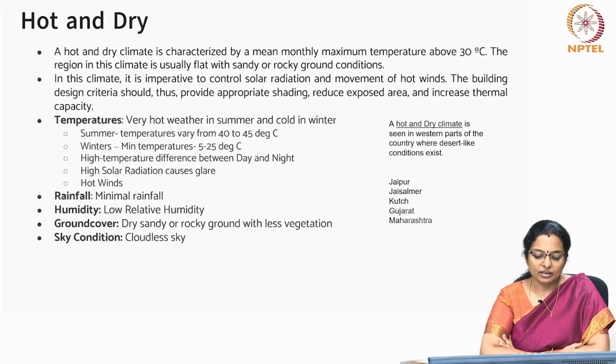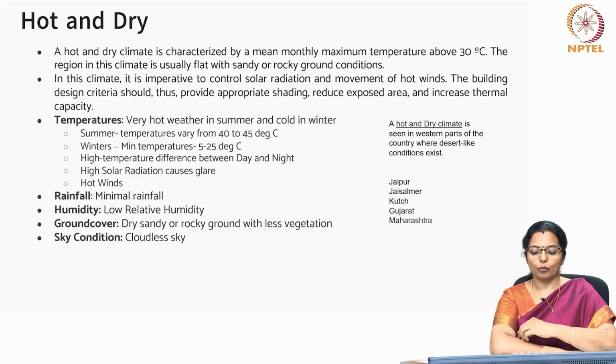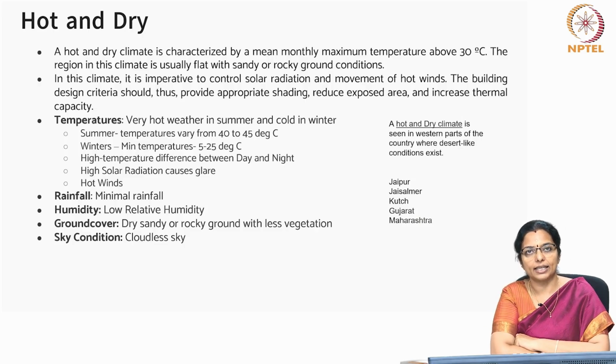The temperature shows that it's very hot weather in summer and cold in winter. Summer temperatures vary from 40 to 45 degrees centigrade. Winters range from minimum temperatures of 5 to 25 degrees centigrade.